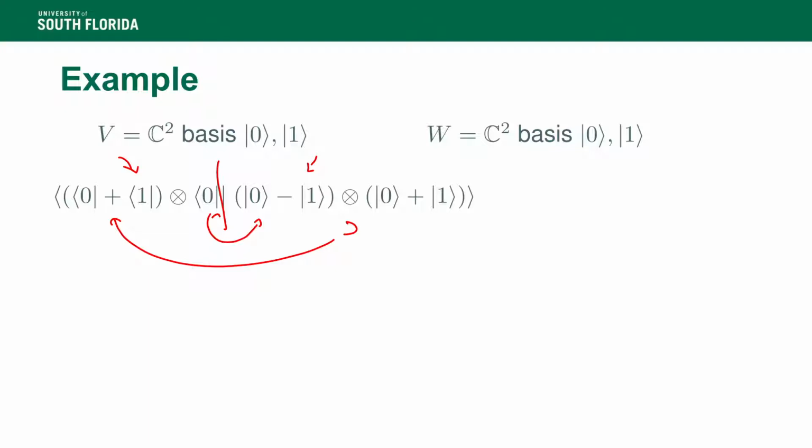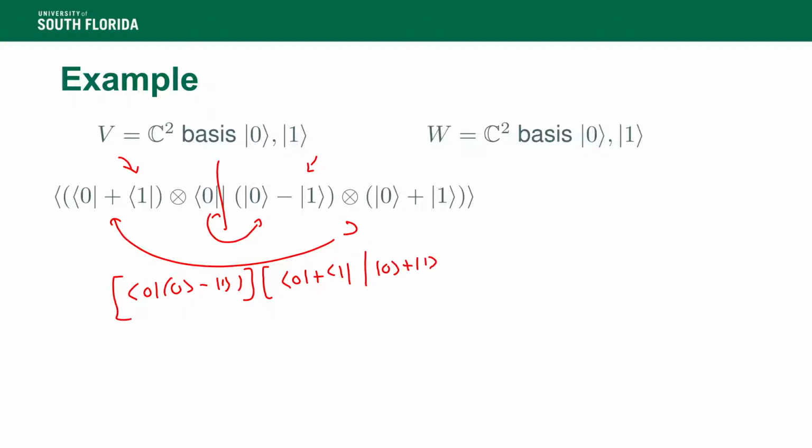Okay, so what we're going to do is to say this is going to be 0 tensor 0 minus 1 times 0 plus 1, 0 plus 1 tensored with 0 plus 1.